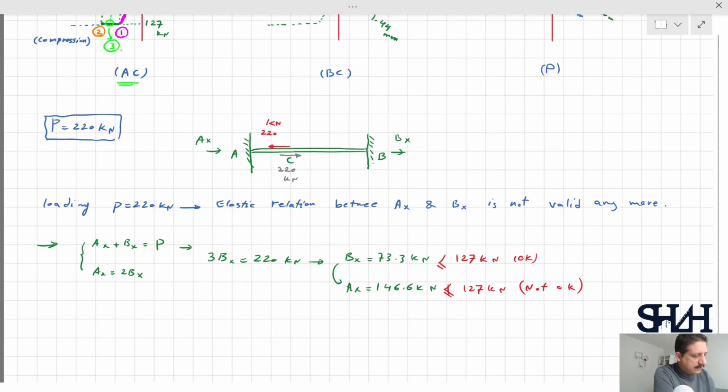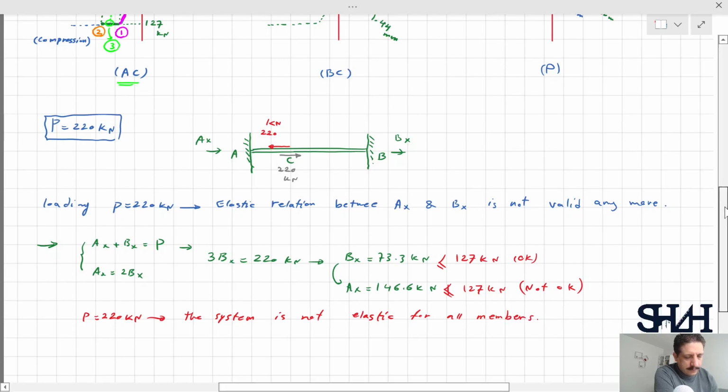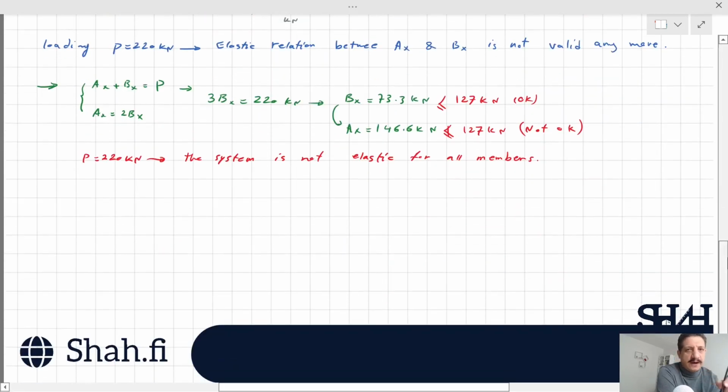As a result, P equals 220 kilonewton shows that the system is not elastic for all members. Later on, we will work only with the graph to understand how it works.